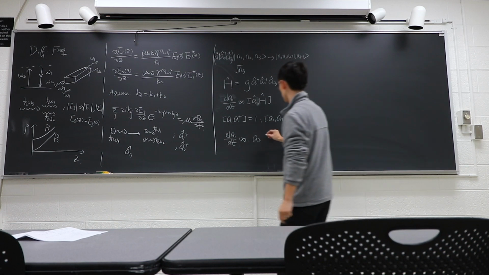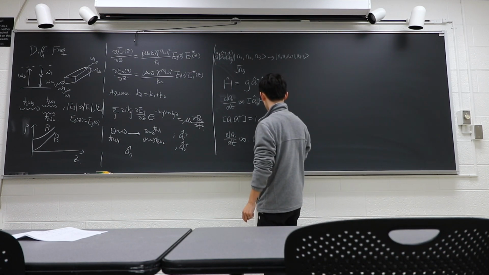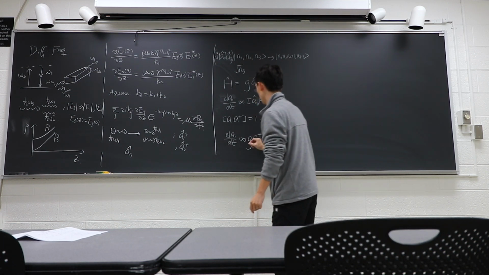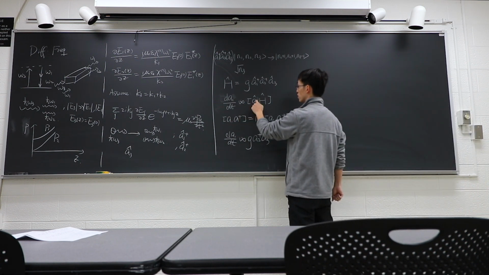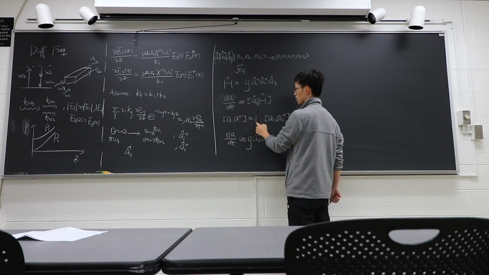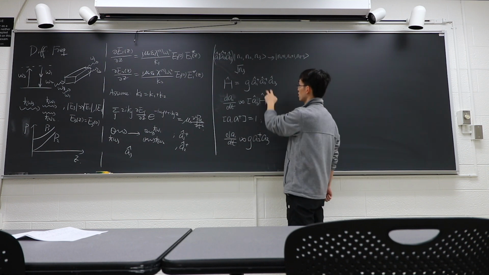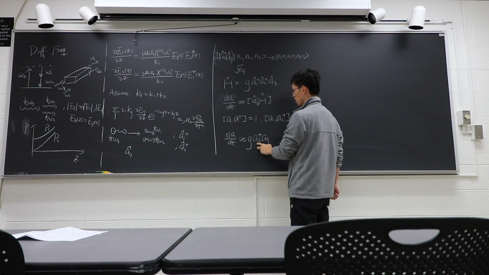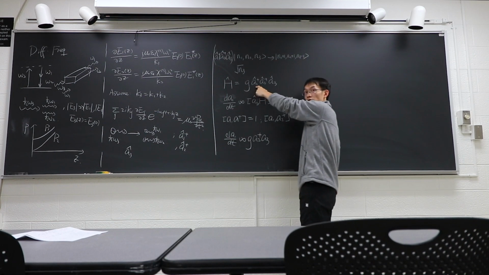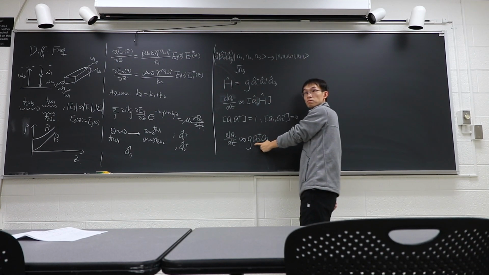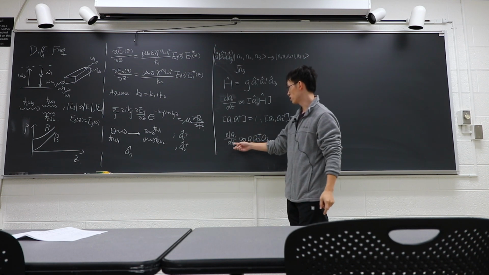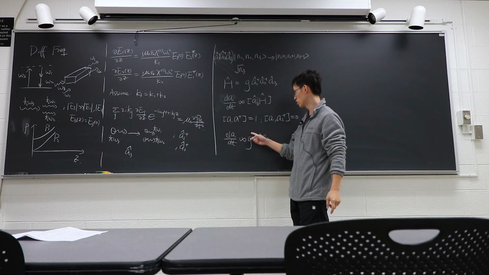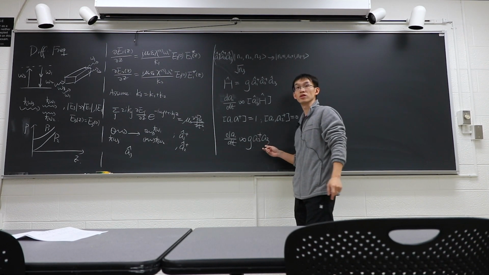You do this A1 here, and then it comes out as a number. The A2, A3 don't interact with A1, you just keep them here. Now you get a dynamic equation, dA1/dt proportional to a coefficient times A2 dagger A3.